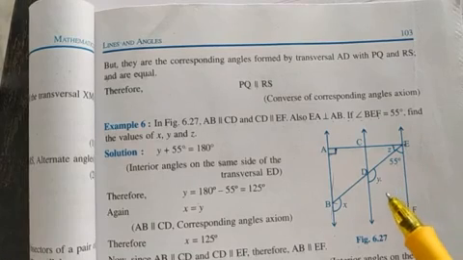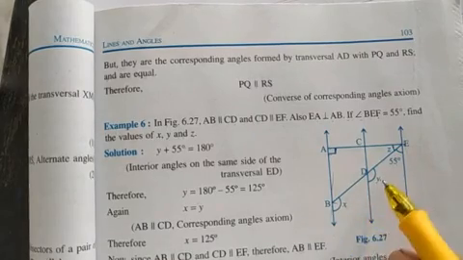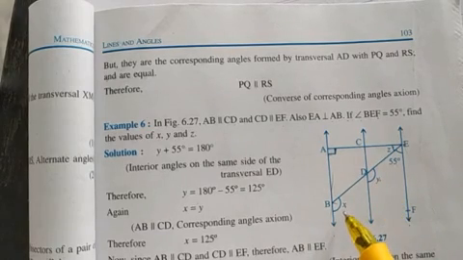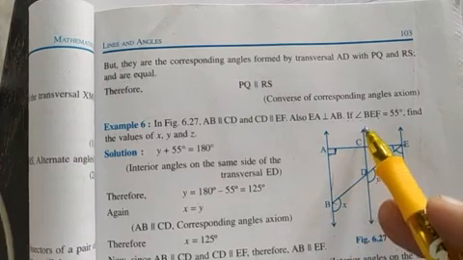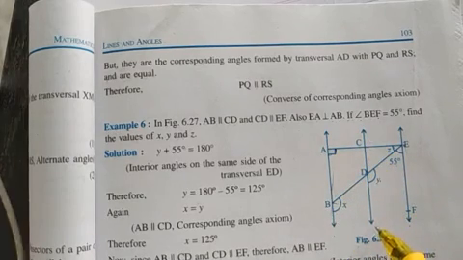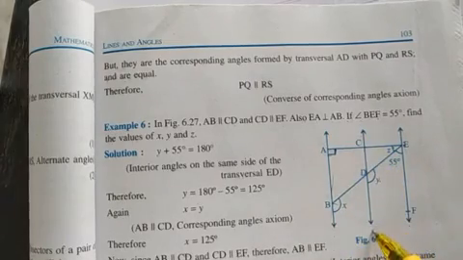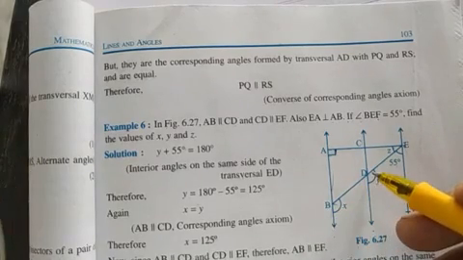First of all, we find the value of y, because x and y are equal to each other. If we find the value of y, then x we get automatically. How? This line AB is parallel to CD. Look at it clearly. This BD works as a transversal.